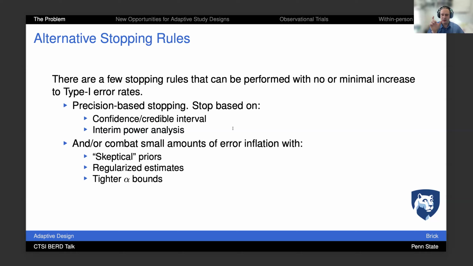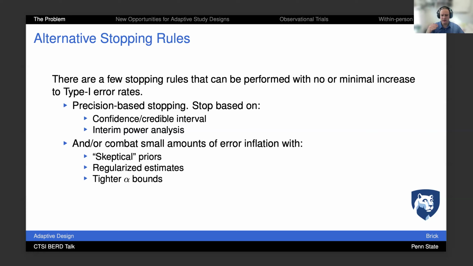If you stop based on how wide the confidence interval is, or your credible interval, and say we have 95% confidence that wherever we are, we're plus or minus 3 points, that's a decision that you can make with very little increase in your type 1 and type 2 error rates. I'm not going to say no increase because it really depends on a lot of things. But these are useful tools most of the time that you can use to make a decision without biasing yourself too much.